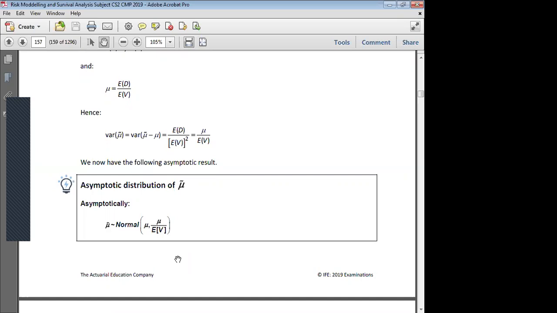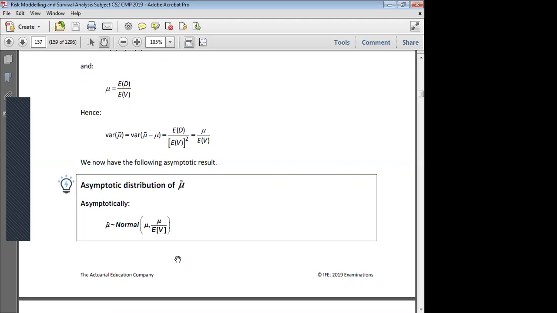So I guess that is what you need to know about the asymptotic distribution of mu tilde. We call it asymptotic because it is based on, one, the central limit theorem and, two, the law of large numbers, which both assume that your n is tending to infinity. So this is what you expect the distribution of the transition rate to be whenever you observe a large number of lives.